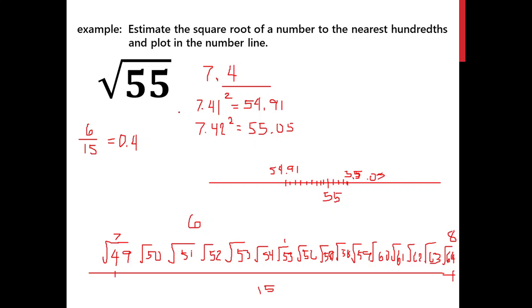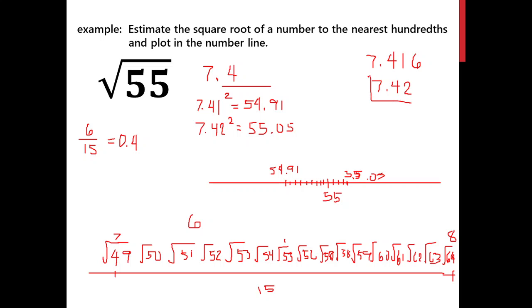Because if you use the calculator and calculate the square root of 55, you will end up with 7.416. And if we round this off to the nearest hundredths place, it will be rounded off to 7.42.